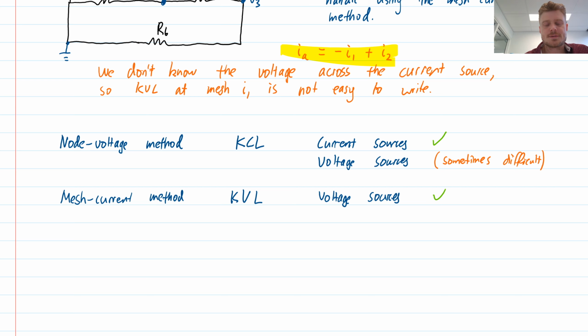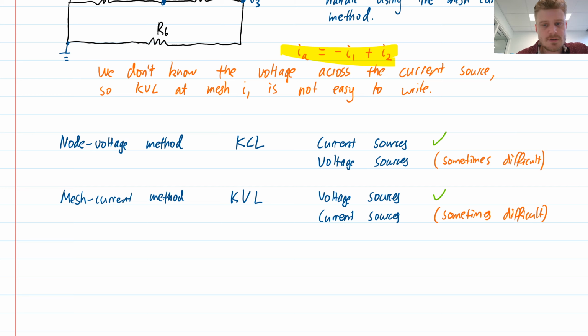No matter what the topology is, if you've got voltage sources, they're easy to handle. But if you have current sources, then they can sometimes be difficult to use because we're not always able to know the voltage across a current source.